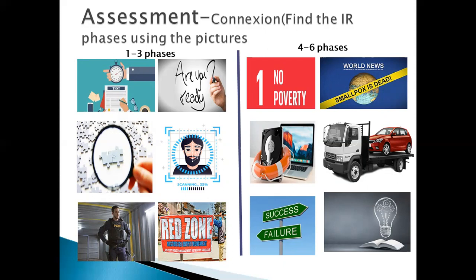From the diagram itself, we can know it is containment. Next, the fourth phase: smallpox is dead. By means of vaccine, we will eradicate the disease. So that is eradication, the fourth phase.